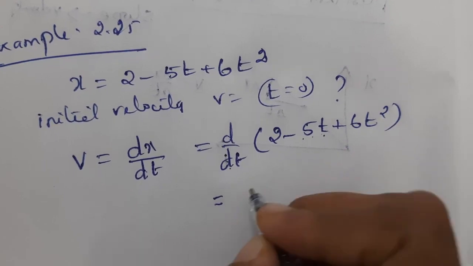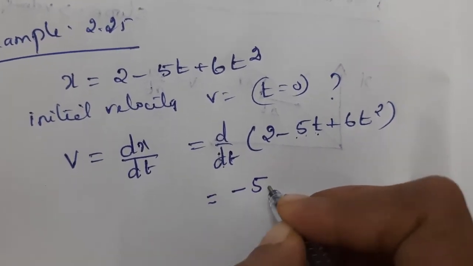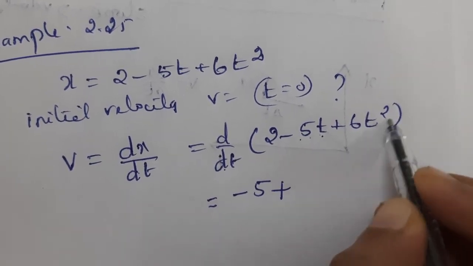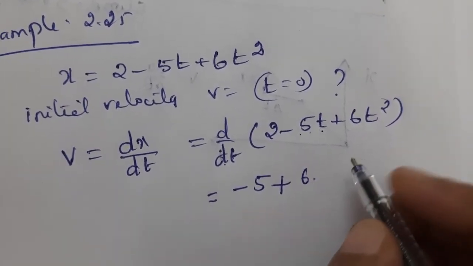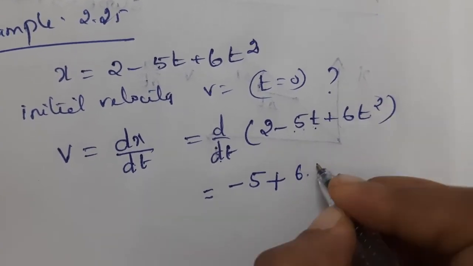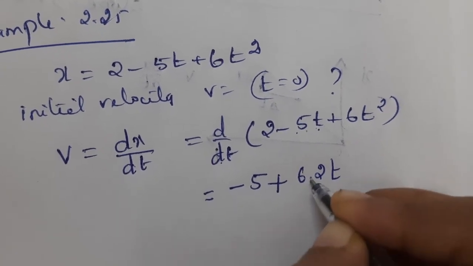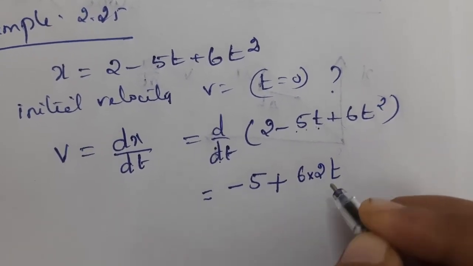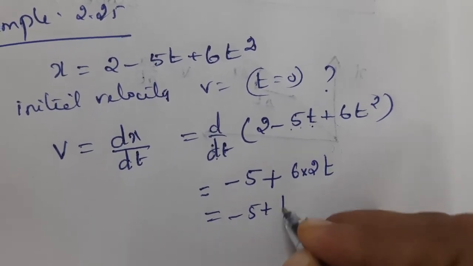So 1 into minus 5, so we can write minus 5, plus differentiation of 6t square. That is 6 into, what is t square? x power n differentiates to n into x power n minus 1. So 2 into t power 2 minus 1, that is t. So we can write 6 into 2 into t. That is minus 5 plus 12t.